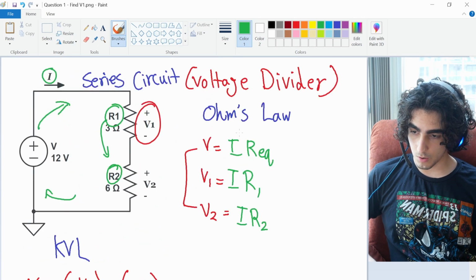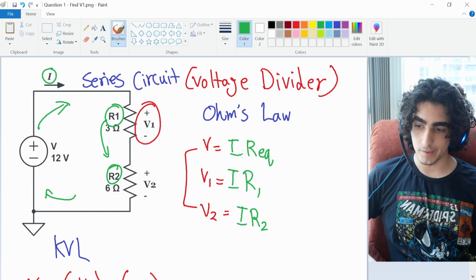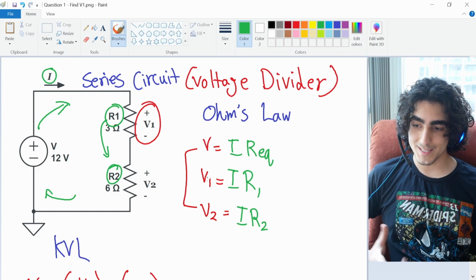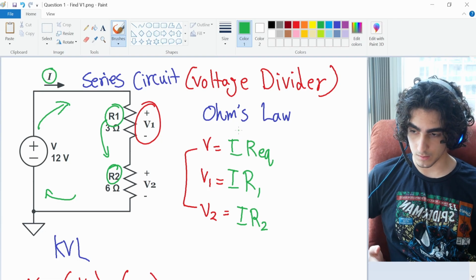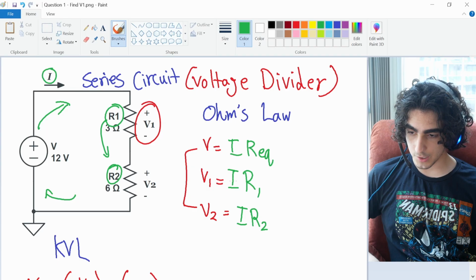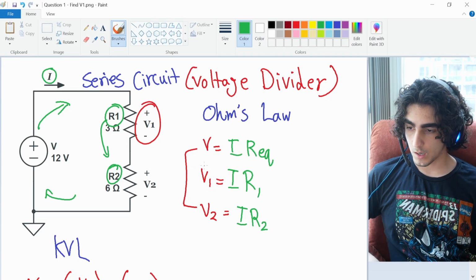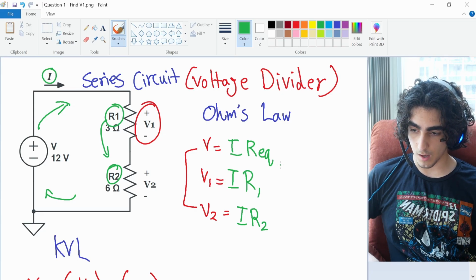So using Ohm's law now, we know what R equivalent is. But what is I? So what is current in this case? Now, we can't actually use this equation here, even though we know R1, we don't know what V1 is. So we're forced to use this top one here because we know what the voltage source is, and now we know what R equivalent is.